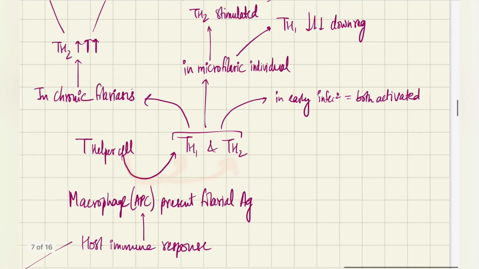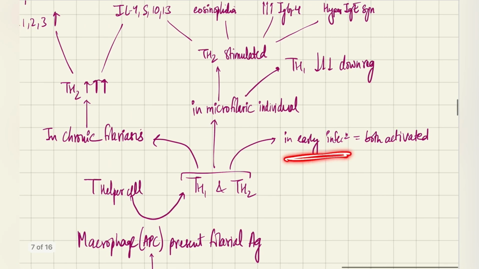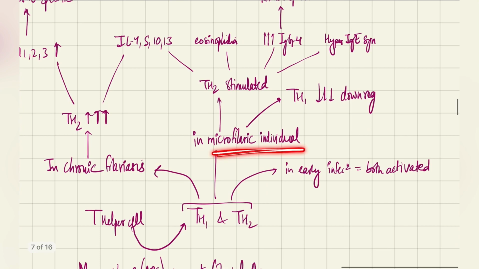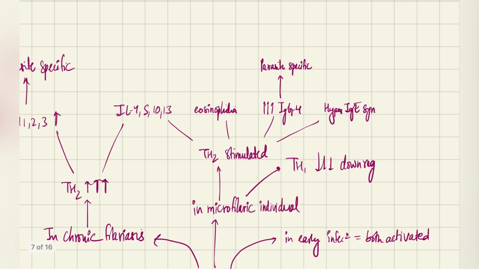Okay, now in early infection both of these are activated, while in a microfilaremic individual, in which a microfilaria has infected an individual, Th2 is mainly stimulated only, while Th1 is downregulated. And this increase in Th2 actually causes hyper IgE syndrome, increases IgG4, which is specific to the parasite, causes eosinophilia, and there is also an increase in IL-4, 5, 10, 13.